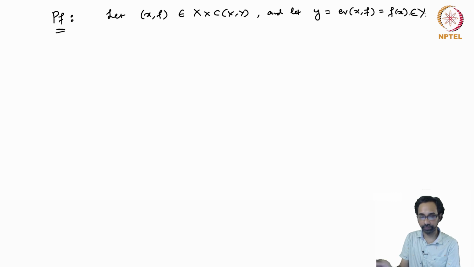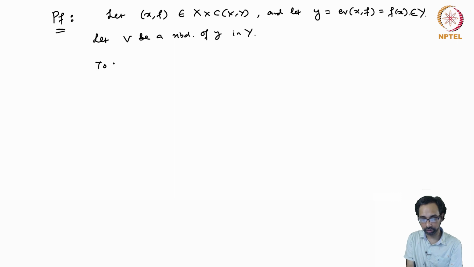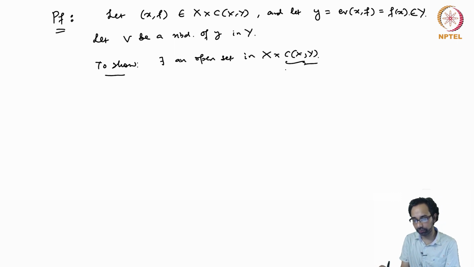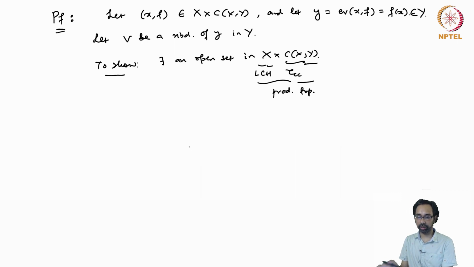So this belongs to Y. And now let V be a neighborhood of y in Y. We want to show that there exists an open set in X cross C(X,Y). Now this one has the topology of compact convergence, and X is a locally compact Hausdorff space, and the product is of course given the product topology. So here we have to be careful what topologies we are choosing.